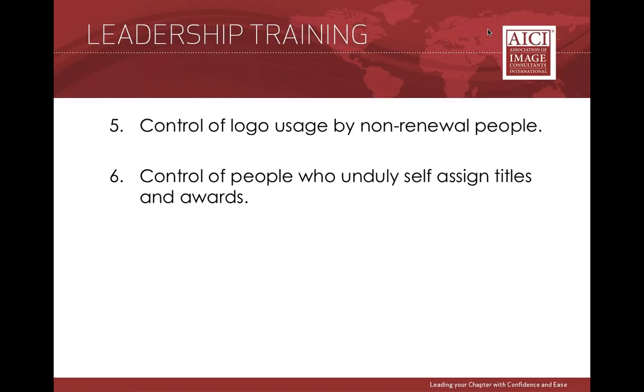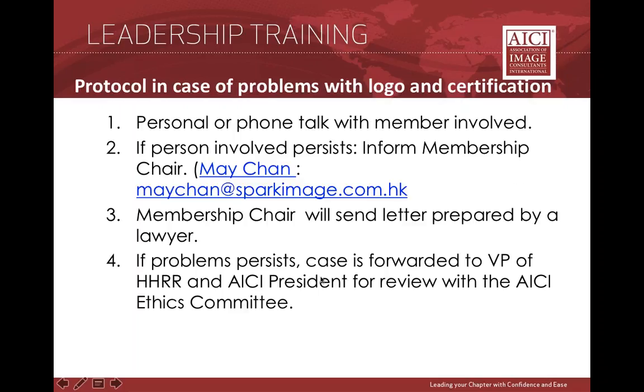We have had to look in old AICI files to see if that information was true, and we have realized that they were lying in their resume. So there is a lot of control that we will have to do with all these cases, mainly the logo and the certification process.